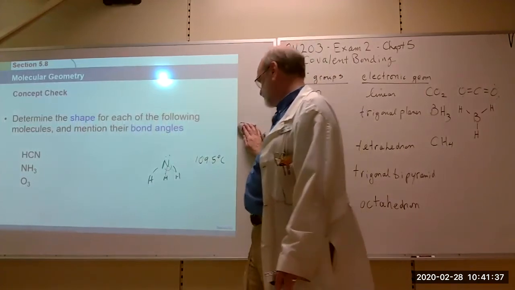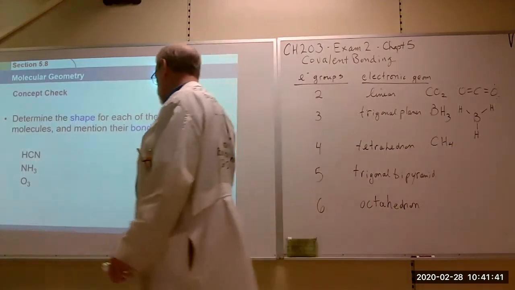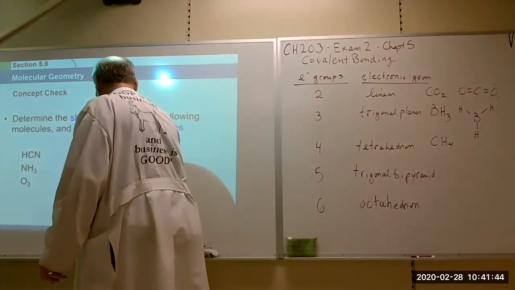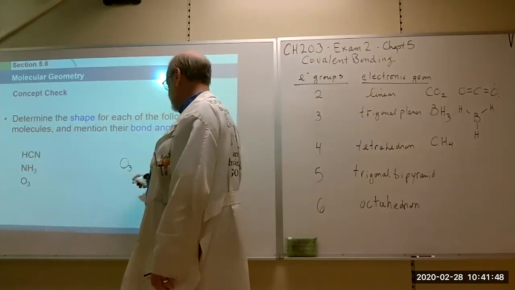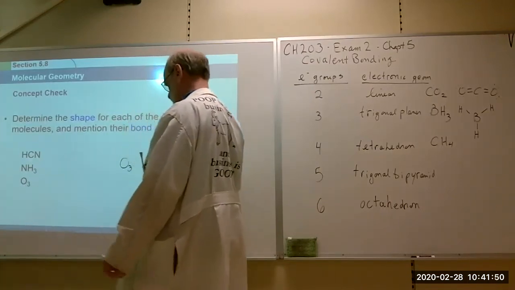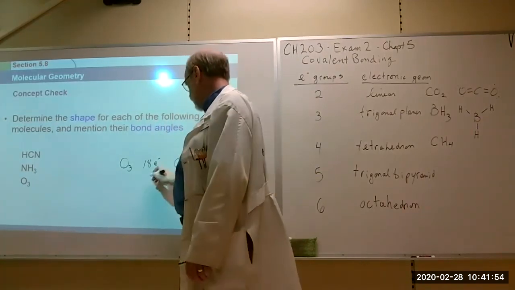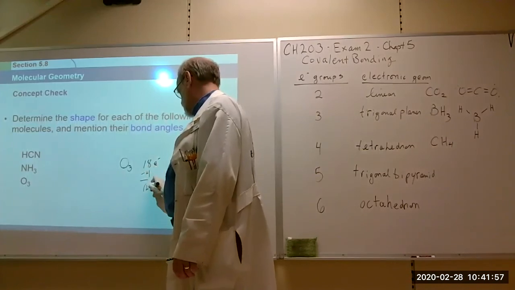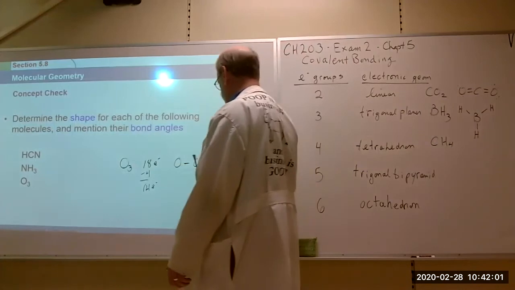Okay. Now, ozone. How do we do ozone? Well, O3, we have 6 electrons each, so that's 18 electrons total. And we bond there, so that's 4. 14 electrons. Start from the outside in.